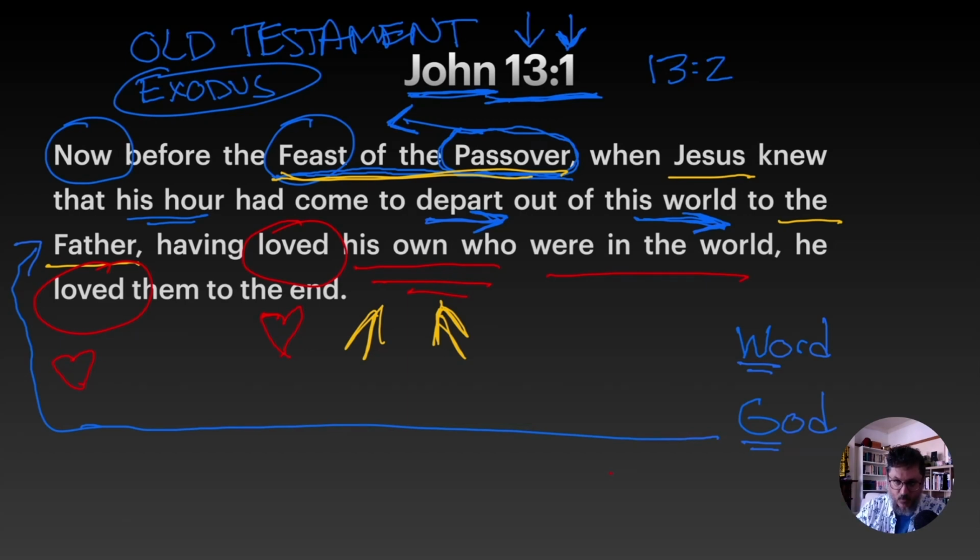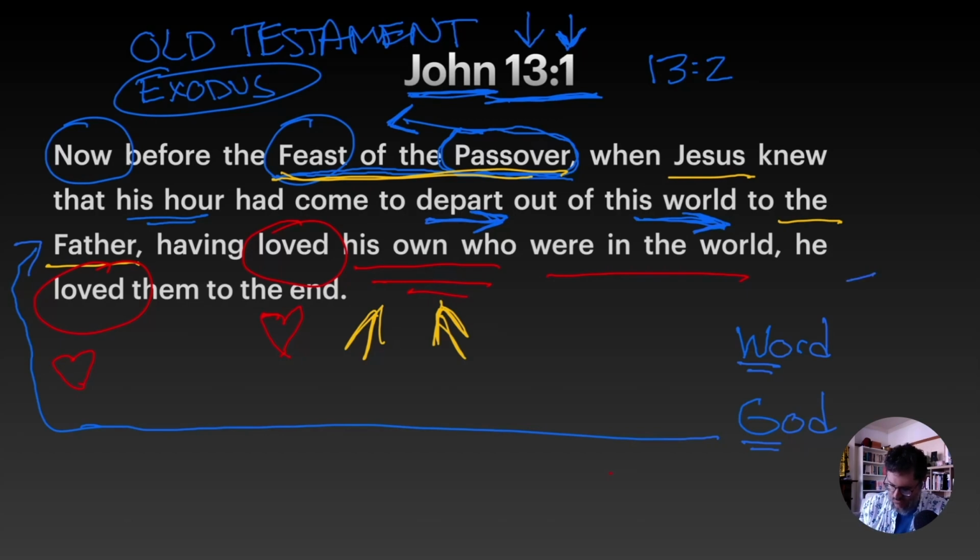Then the rest of John chapter 1 has Jesus, the Word, taking on flesh and coming to dwell with us, coming to live in this world, which also means then if Jesus has come into this world, there's a time in which he will depart out of this world, a time in which he will have accomplished what he set out to do, which was ultimately to be a sacrifice, to stand in the place of, to take the wrath of God that humanity deserves, in order that those who would believe, who would trust in Jesus, would find life, life in abundance and life everlasting.